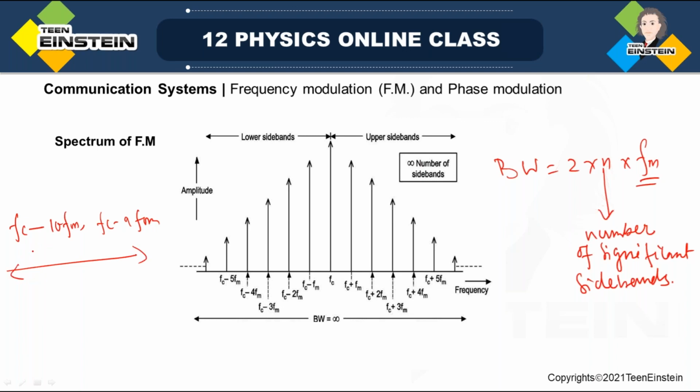You will have the difference from FC to the least one, 10 FM, on this side, and on the other side you will have 10 FM. So you have actually 20 FM. That's why it is 2 into N into FM.